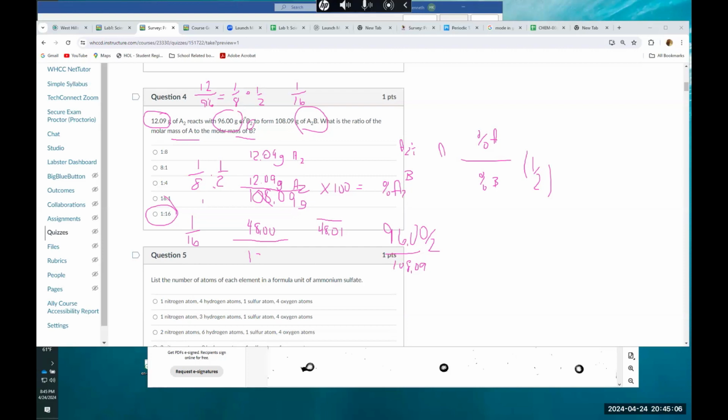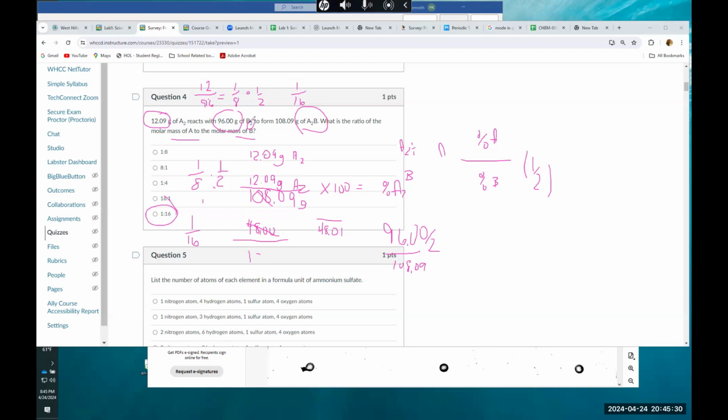So then you're saying that half of that amount is 48, but we're also making the assumption that it all reacts, right? So we're making the assumption that it reacts. But okay, you're right.